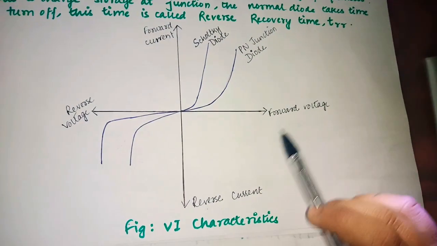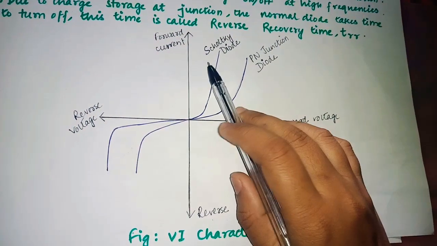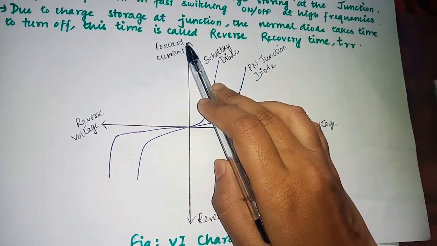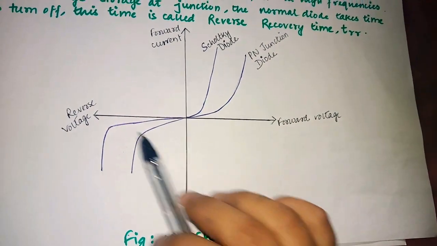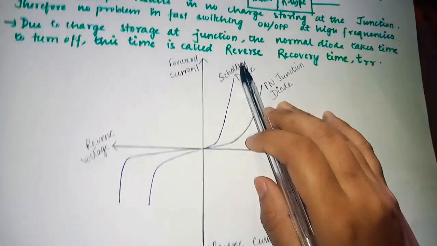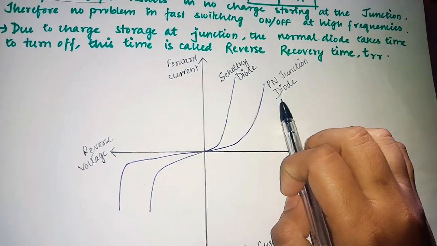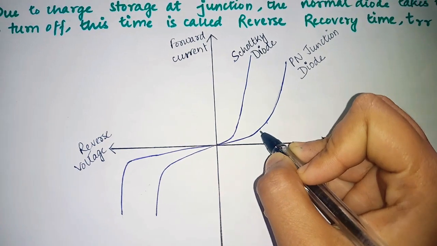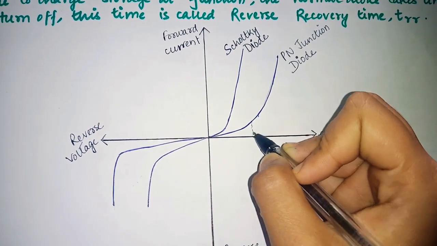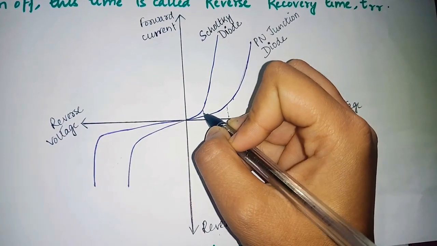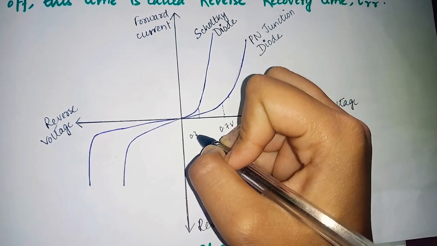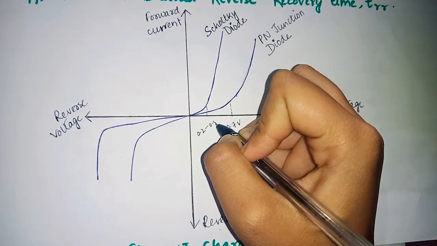Now let us see the VI characteristics. Here we have the forward current, the forward voltage, the reverse current and the reverse voltage. Here we have shown the Schottky diode and the PN junction diode. In the PN junction diode, the forward voltage drop is 0.7 volt, but for the Schottky diode it ranges from 0.2 to 0.5 volt.